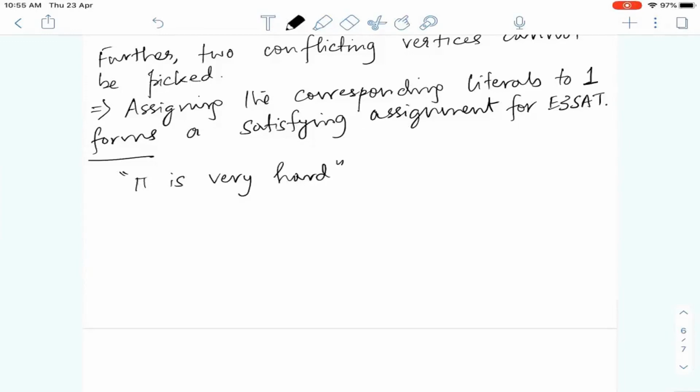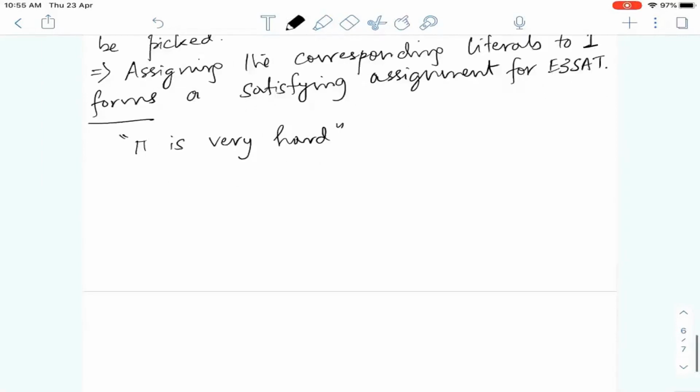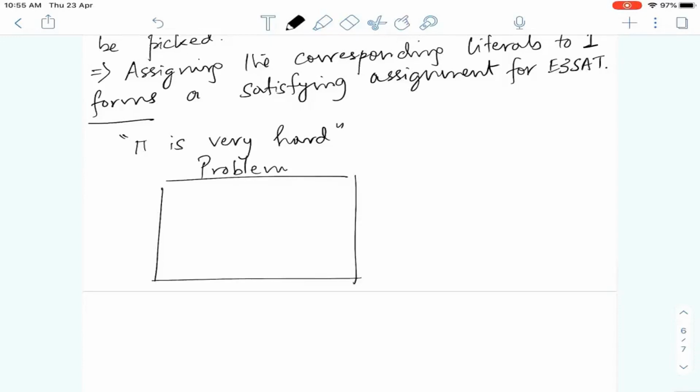So now that we have this formal notion of a reduction, one way I can try to do this is I can choose a very big set of problems, and I can try to show that all these problems have a polynomial time reduction to Pi. Okay, so I can pick each and every problem.